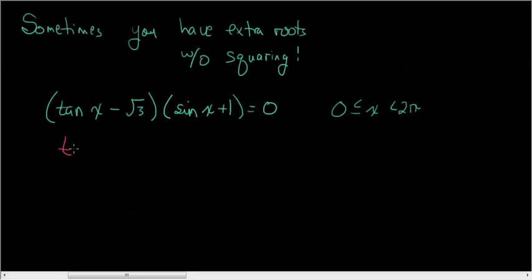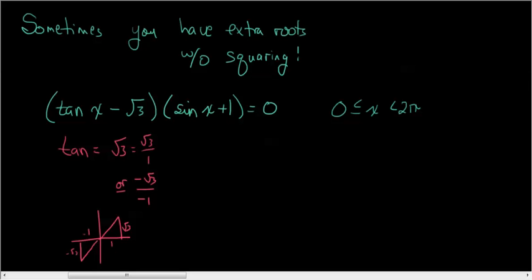So the question is, when does a tangent equal square root of 3, otherwise known as square root of 3 over positive 1, or negative square root of 3 over negative 1? So tangent, opposite over adjacent, square root of 3 over 1, or negative square root of 3 over negative 1.